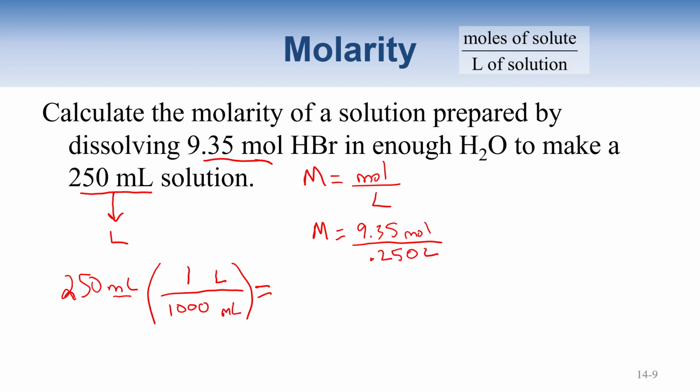So now we can actually do the division. 9.35 divided by 0.250 gives us 37.4. So our molarity equals 37.4 molar.